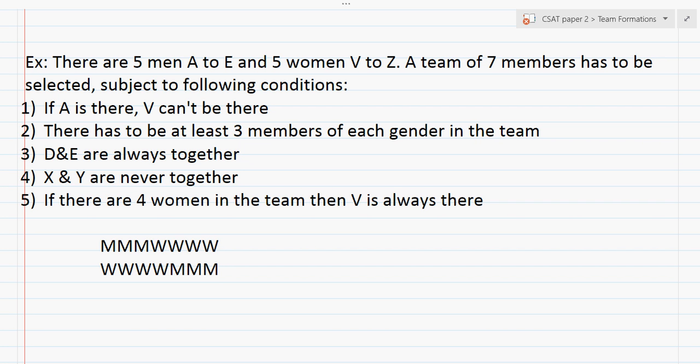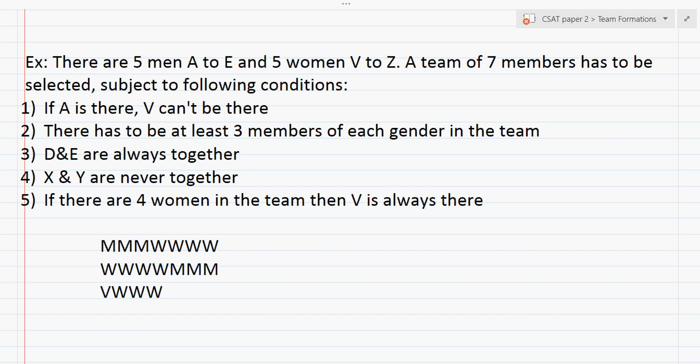If there are 4 women in the team, V is always there, which means if it is of the type WWWW MMM, then it would be V and 3 W's. Then A cannot be there, which means it has to be BCDE, right? So if we take B and C, then we have to take one of the D's and E's, right?